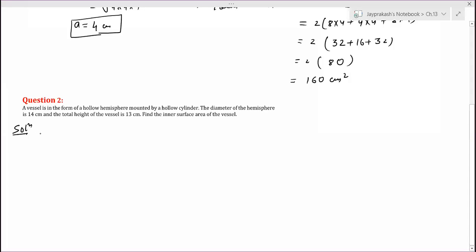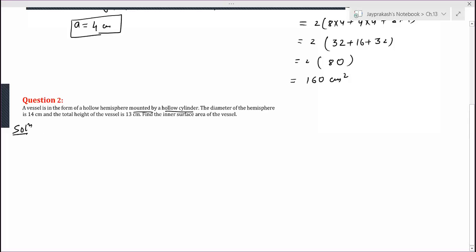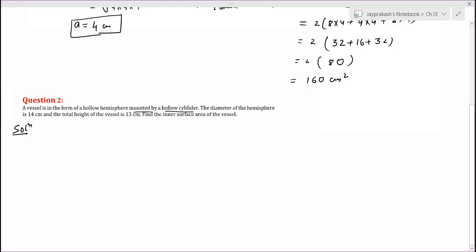Once again, in exercise 13.1, the second question is: a vessel in the form of a hollow hemisphere mounted by a hollow cylinder. Mounted by means the hemisphere is at the bottom of the vessel and the cylinder is on top. So our shape will be like this.